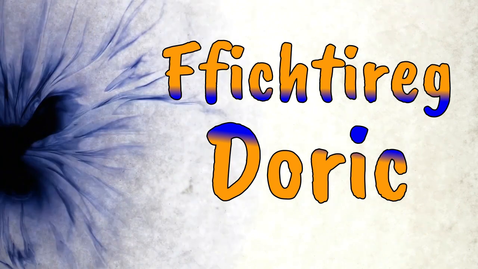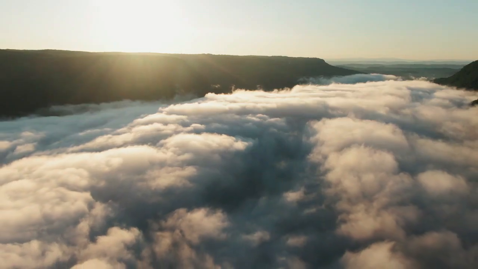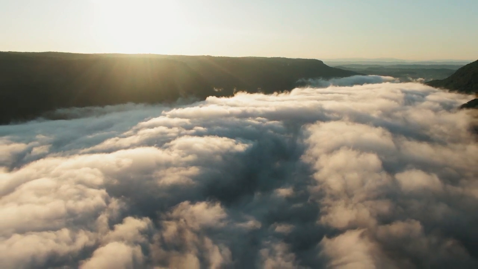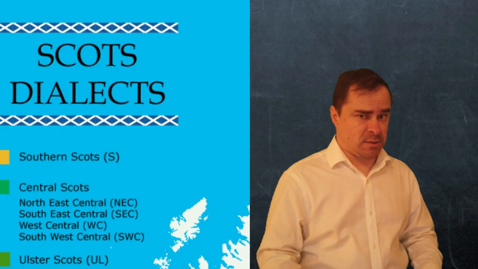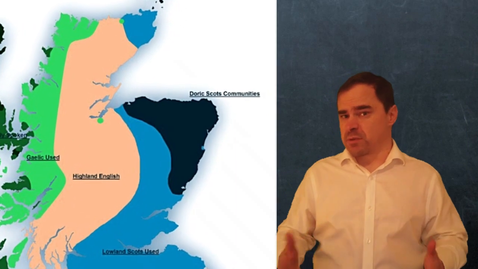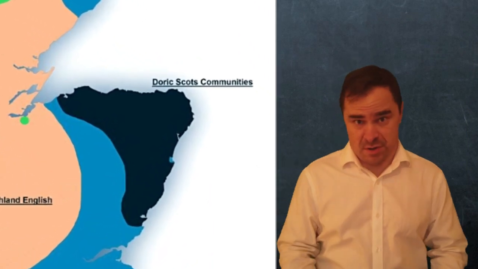So what about Doric? Well, as Scots emerged and moved and expanded across, especially as Flemish influence expanded and people were brought in, the Scots language did change. And you get Doric up in the northeast, which probably has some inflections left over from what was there before in Pictish.